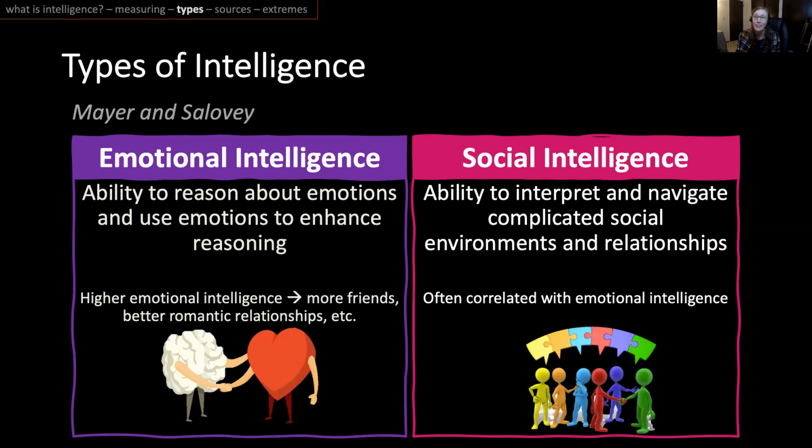You might see this in cases of Down syndrome, where people are very highly emotionally and socially intelligent, but maybe lack some of the verbal or math skills that we expect of different IQ tests. On the other hand, you might be the opposite. You might be really good at cognitive things, but have emotional and social deficits, for instance, in cases like autism spectrum disorder. So this suggests that emotional and social intelligence are pretty separable from cognitive abilities. They're looking at different constructs, but they're still considered different types of intelligences.